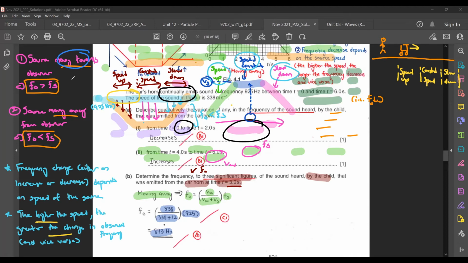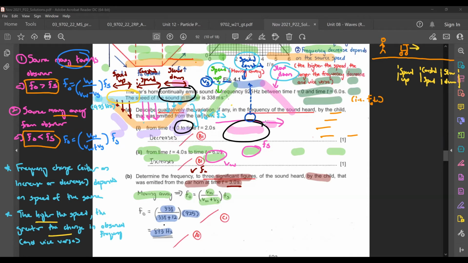If it's moving towards the observer, f observed will always be vW over vW minus vS times fS. If the source is moving away from the observer, it's f observed equals vW over vW plus vS times fS. Both are fS, sorry. Okay, so this is the equation that you need to remember correspondingly.